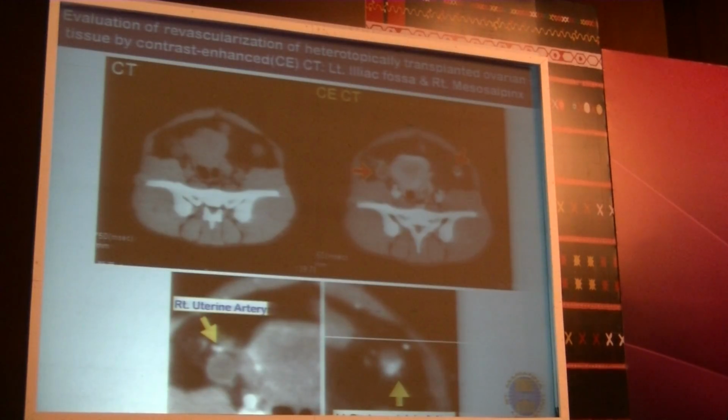Images of developing follicles were observed in the 2 transplanted ovarian tissues. The result of contrast-enhanced CT showed that the blood was supplied from the right uterine artery to the transplanted ovarian tissue in the mesocervix and from the left gastroepiploic artery to the transplanted ovarian tissue in the omentum.